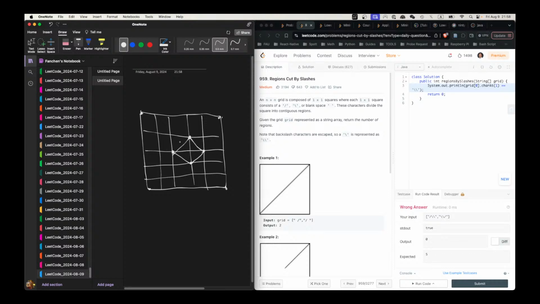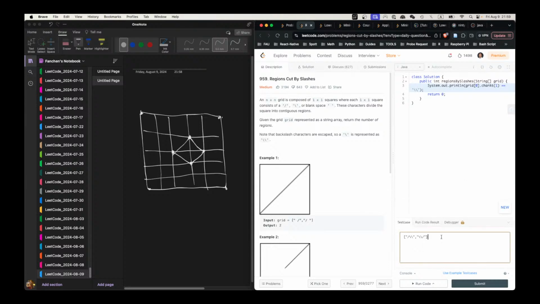If I start from here, I have 1. But then, we only count the ones inside. But that's not true, because in this case it only has 2. How many is this? Exactly, how many is this?